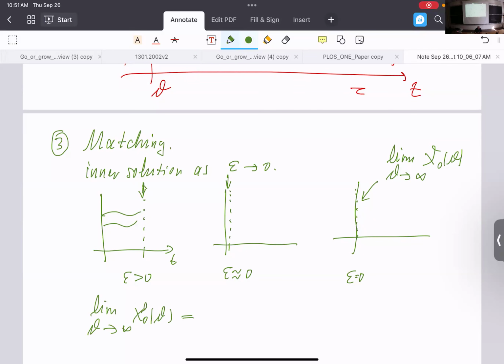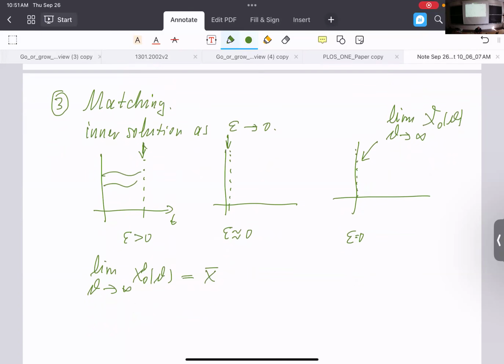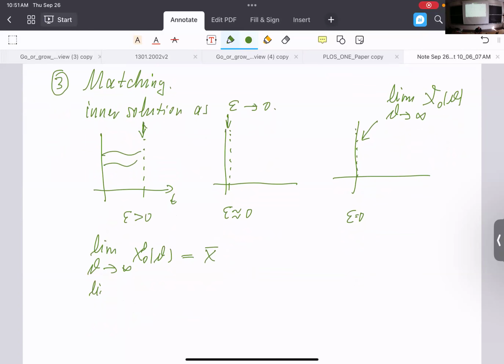This is the inner solution, which was a constant anyway, so there's no real limit. This is X bar. And the limit as theta goes to infinity of Y0 of theta.